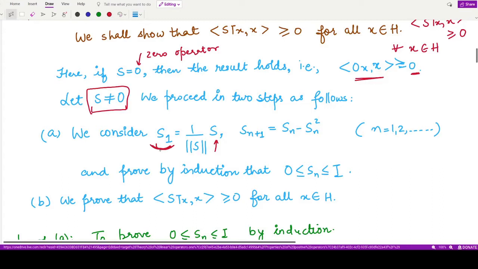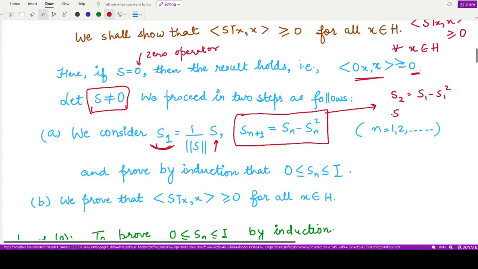So we have S1 as the new operator, and S2, S3, S4, S5 and so on are defined through this recurrence relation. When you substitute n equal to 1 here, what will you get? You will get S2, which is nothing but S1 minus S1 square.